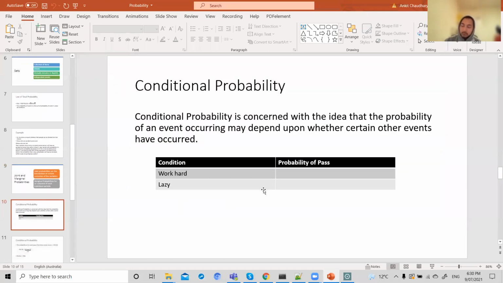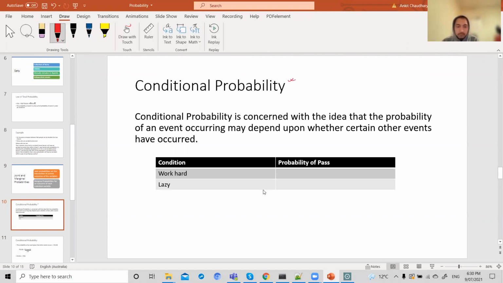Now comes the conditional probability. Conditional probability is also very important, and it is asked in interviews. What is conditional probability? Conditional probability is concerned with the idea that the probability of an event occurring may depend upon whether certain other events have occurred.